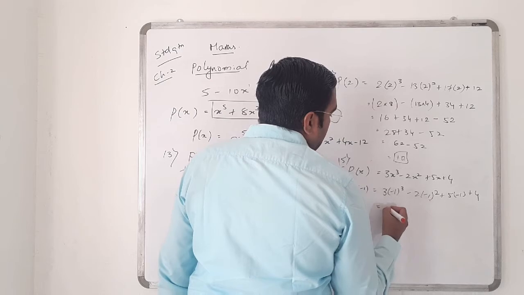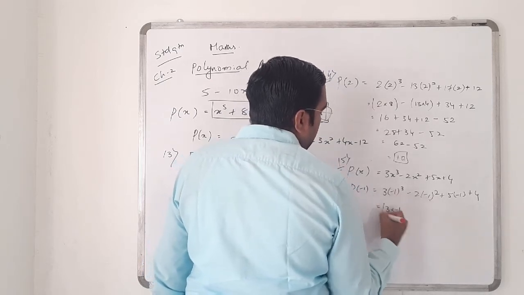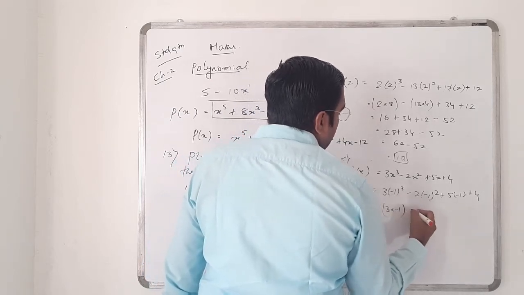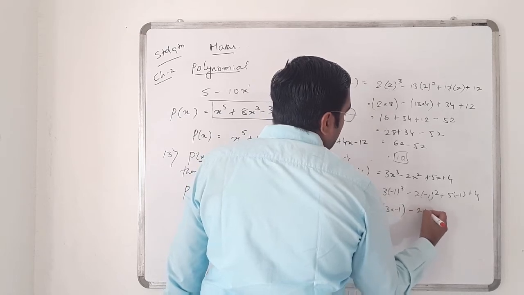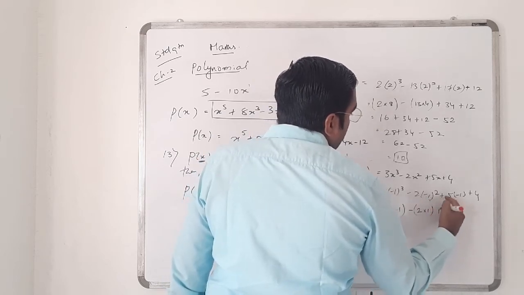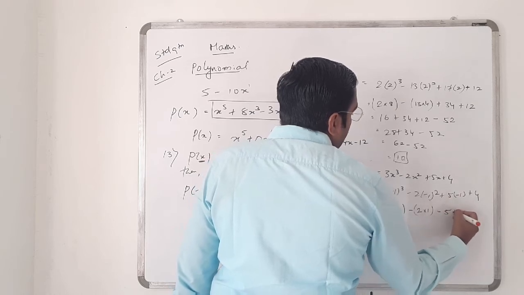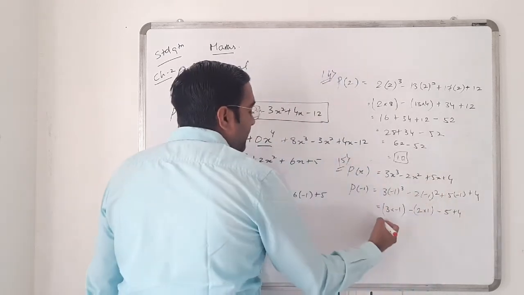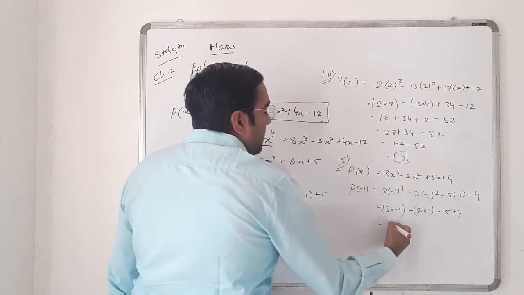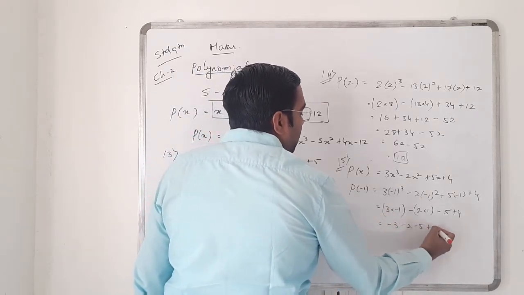So -1 cube is -1, so 3 into -1, minus 2 into -1 square, that is +1, plus 5 into -1 is -5, plus 4. 3 ones are 3, so minus 3 minus 2 minus 5 plus 4.